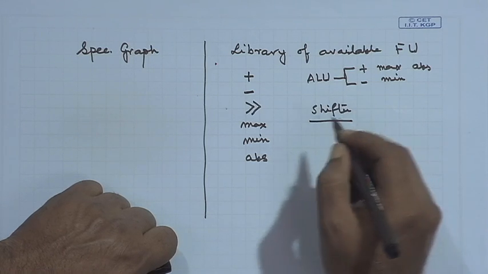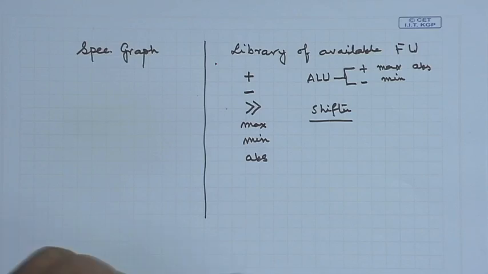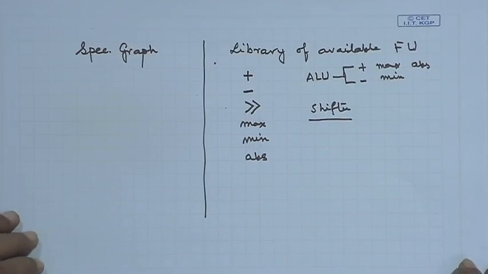Now, this shifter we handle in a different way, because I can either have a shifter or do shifting on the fly, by adding some control steps. I may avoid paying any hardware cost for that.